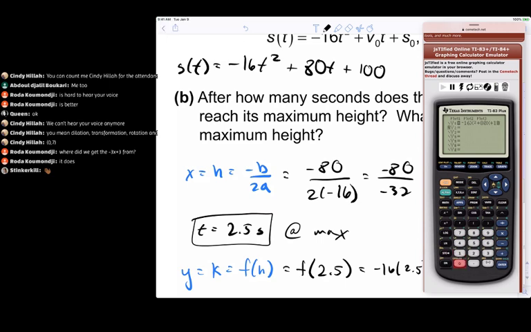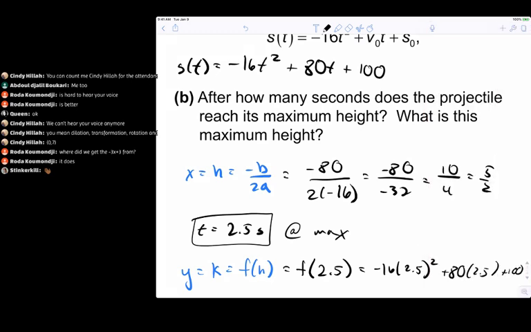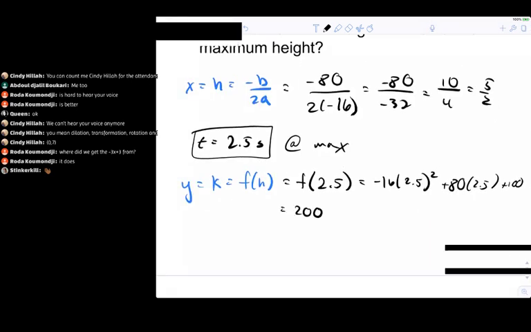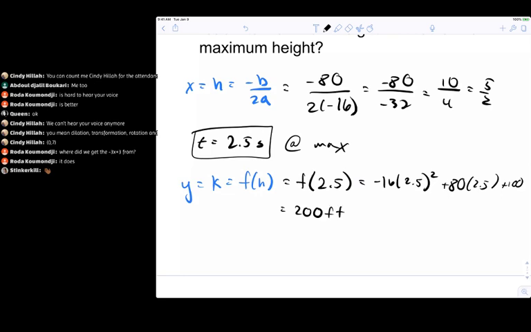Okay, that's the original. I'm going to quit. Variables, I'm going to call up the function I just typed in, and we want to evaluate this function when x is 2.5. And we get 200. So the maximum height ends up being 200 feet. So after 2.5 seconds, the projectile will be at 200 feet.